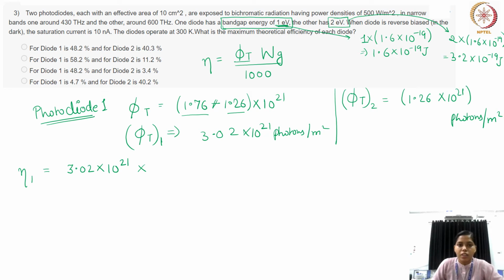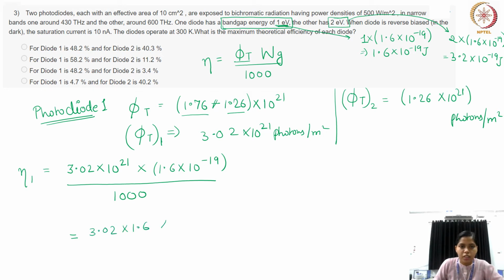So for the first photodiode, it is 1.6 into 10 raised to the power minus 19, and then dividing it by 1000. On calculating, it will give you 3.02 into 1.6 into 10 raised to the power 2 into 10 raised to the power minus 3.